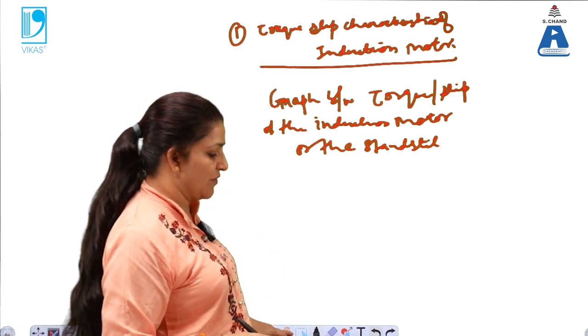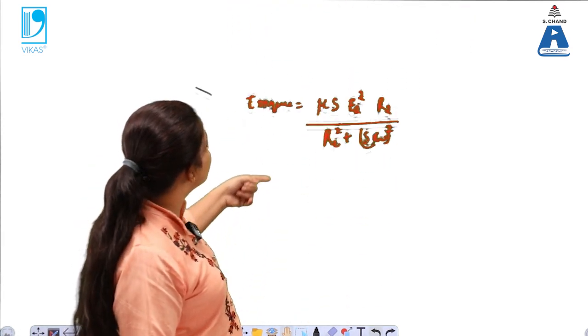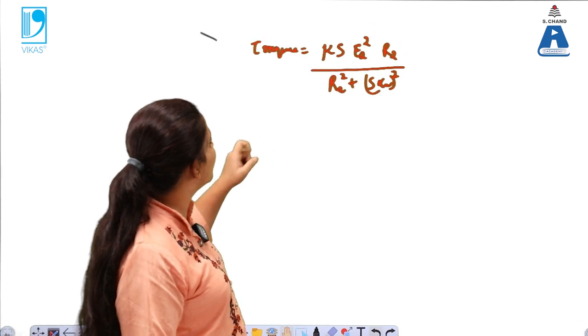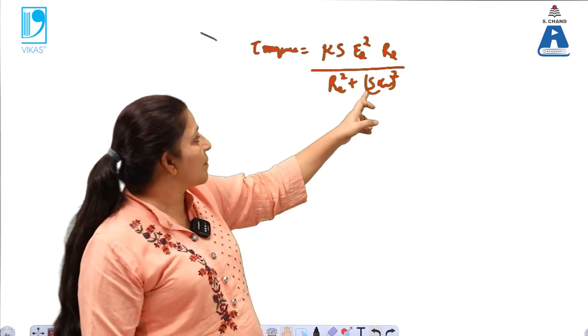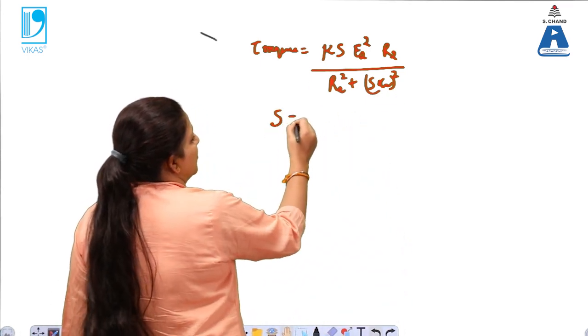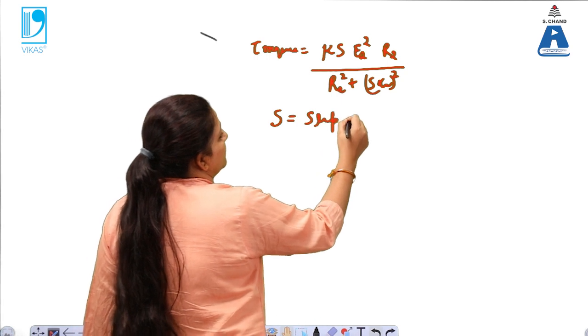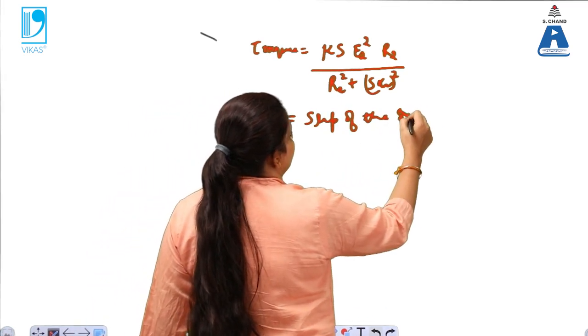Now the relationship between torque and the slip is given by this formula. Torque is given by Ks E2 square R2 square plus Sx2 square. So what is S here? S represents the slip of the system.